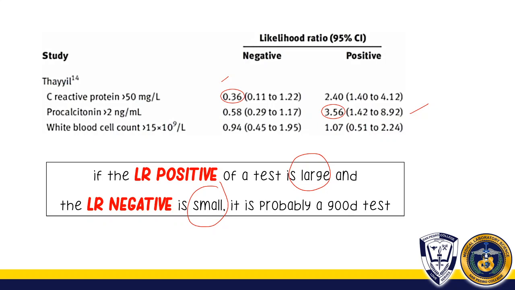Labi na kung ang inyuhang LR positive ug negative kay naa lang yun sa isa ka test, then kana makaingon jud ta na best na siya. Like for example, kunwari ang 0.36 diri kay si procalcitonin, kunwari si CRP 0.58. So pwede ta moingon na pati sa likelihood ratio negative kay okay pud si procalcitonin. So pwede na ingon na siya na gyud ni atong best na test.